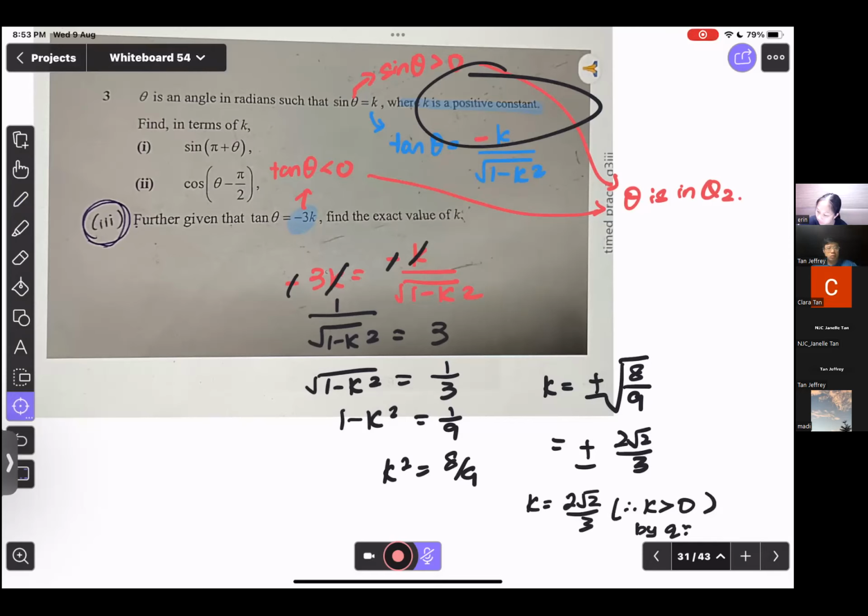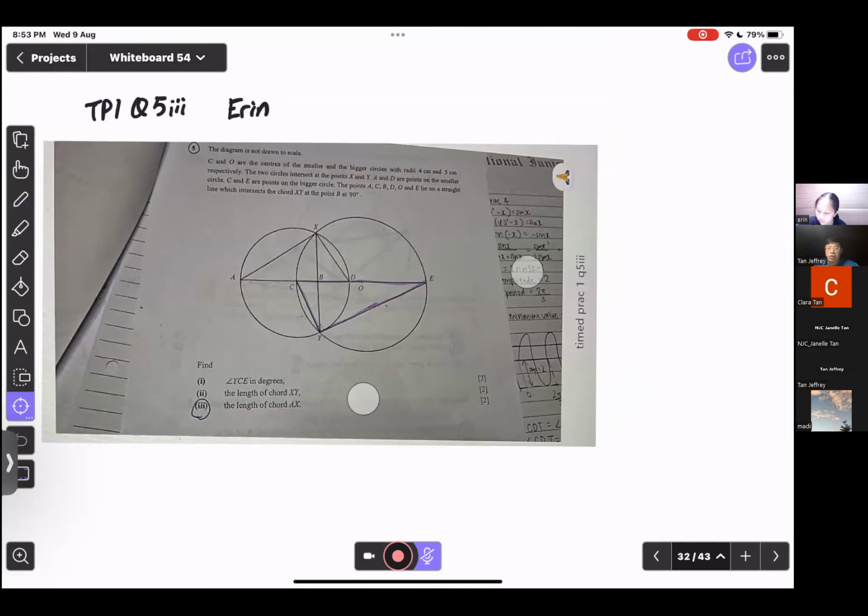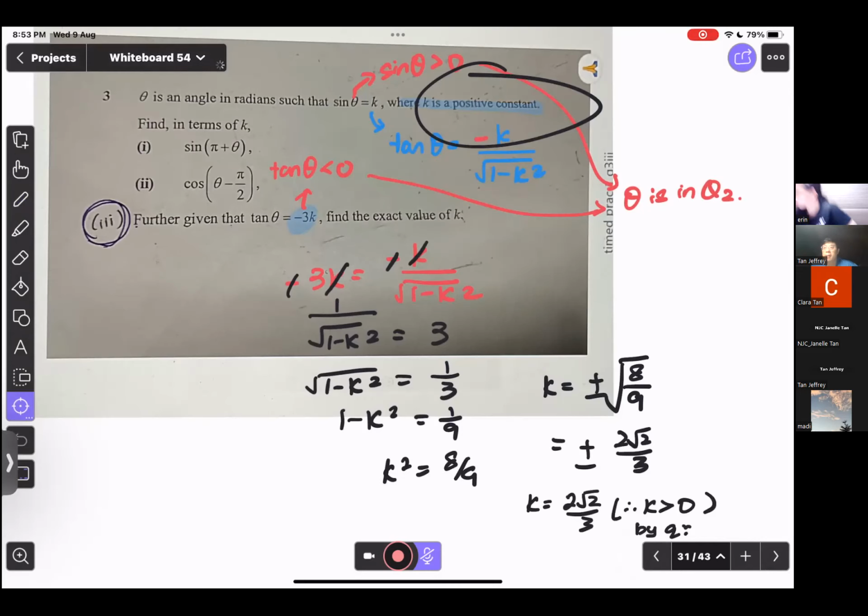Okay, so the next one is prep 1, question 5, part 3. The rest of you, if you all have questions, don't worry, just ask. You can text me, or you can Zoom chat.